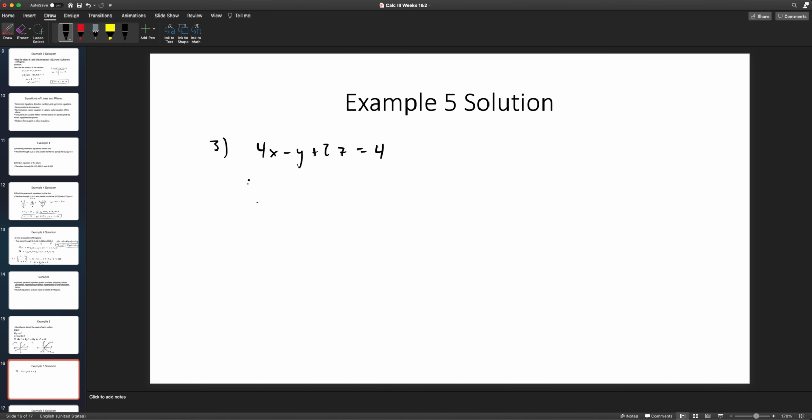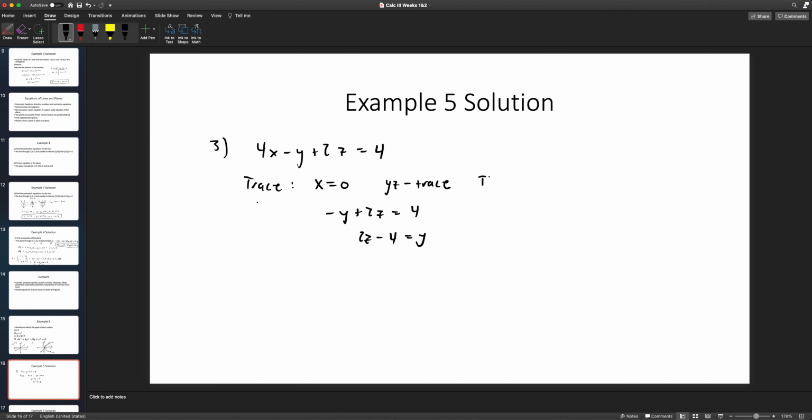So what is a trace? A trace is when you hold one of these to be 0 and then leave the other two. So if I let x be 0, I'm going to have a yz trace. This helps me get an idea what it looks like. Negative y plus 2z is 4, so I get 2z minus 4 is y, which is just a line.